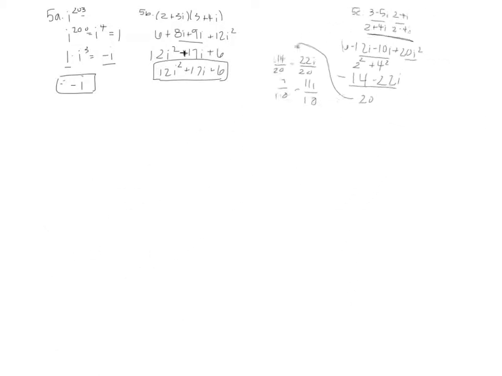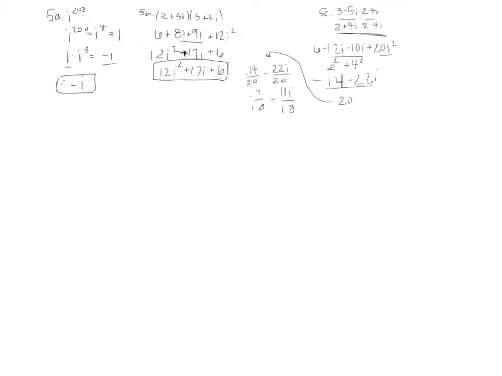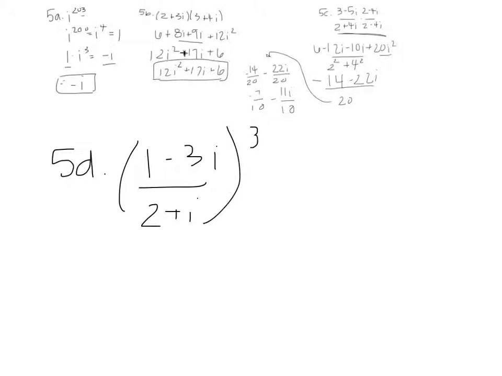5d is a lot more complicated because they want us to cube an expression. So what we're going to do for 5d is they give us 1 minus 3i over 2 plus i, and they want this all to the 3rd power. So from here, we can find our bottom, which is going to be 2 squared, which is 4, plus i squared, which is negative 1.